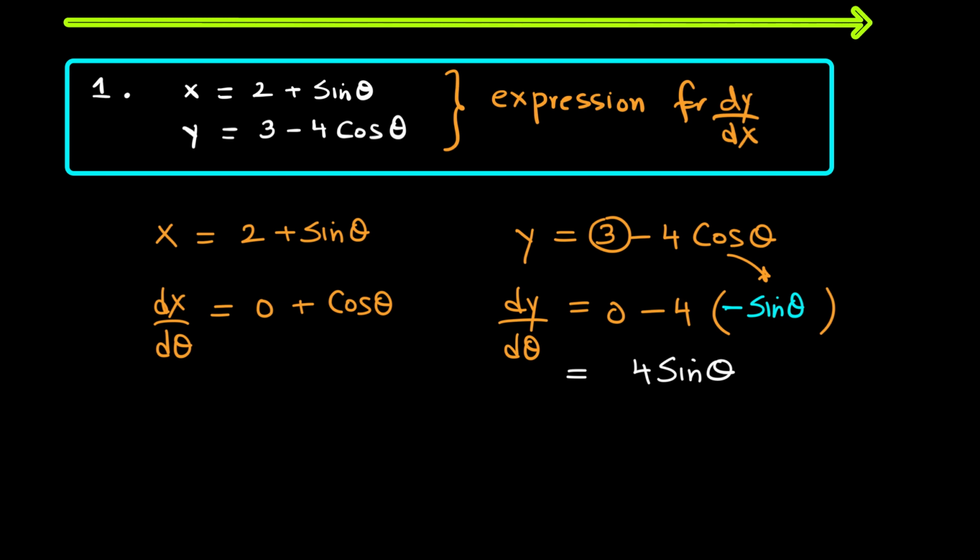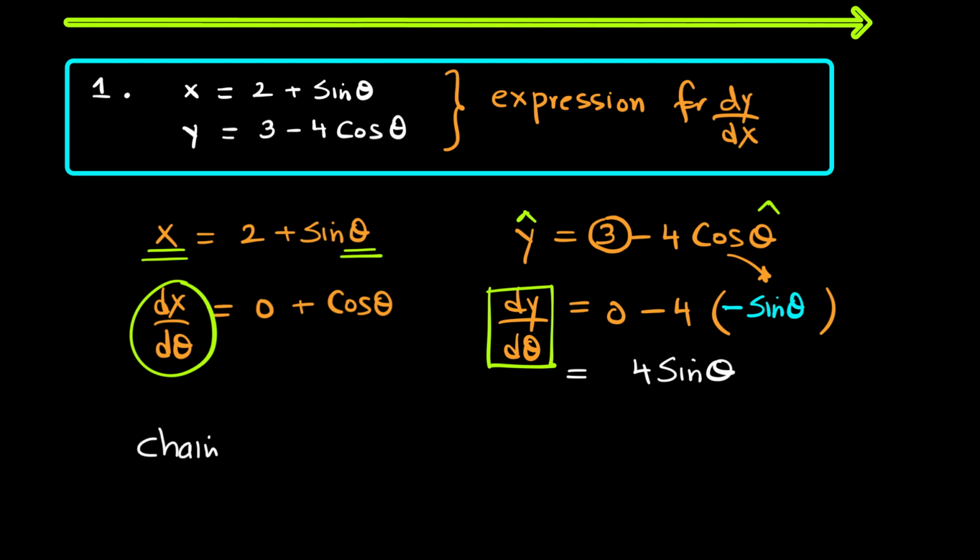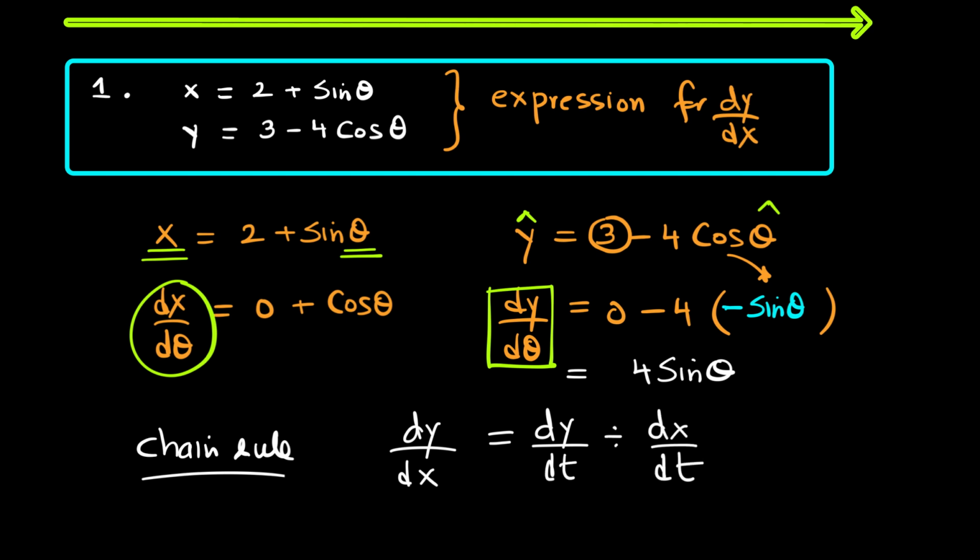When we have x in terms of theta, we get dx by d theta. When we have y in terms of theta, we get dy by d theta. Remember the application of chain rule. dy by dx is equal to dy by dt divided by dx by dt.